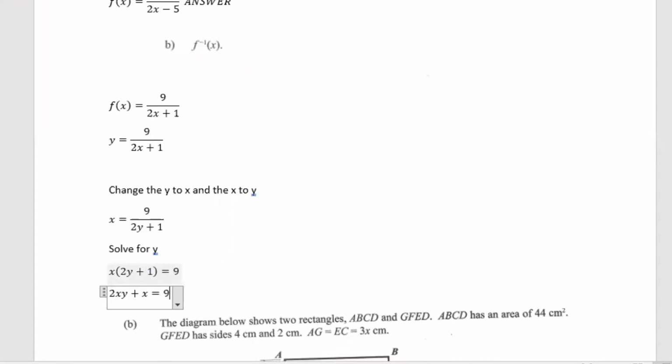So what we're doing now is to solve for y, we're making y the subject of the formula. So we're moving the positive x from here to bring it across. It was adding here, so when it comes across, it will now be subtracting. So it is 2xy is equal to 9 minus x.